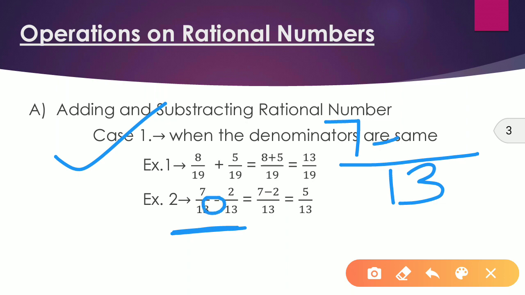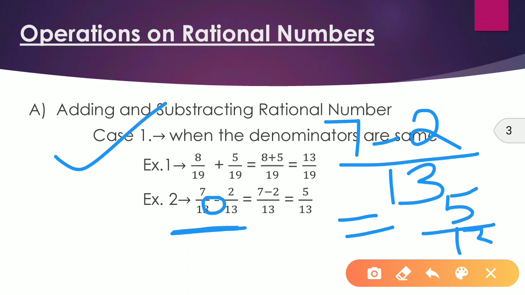And what about the second rational number? The numerator is 2. This gives you 7 minus 2, 5 upon 13. So this is your answer. When the denominators are same, first you write the denominator and after that simplify the numerator, whether you have to add or subtract the rational numbers.